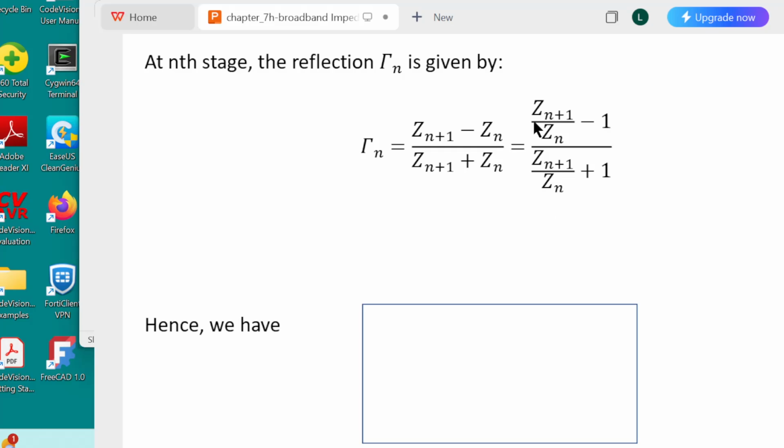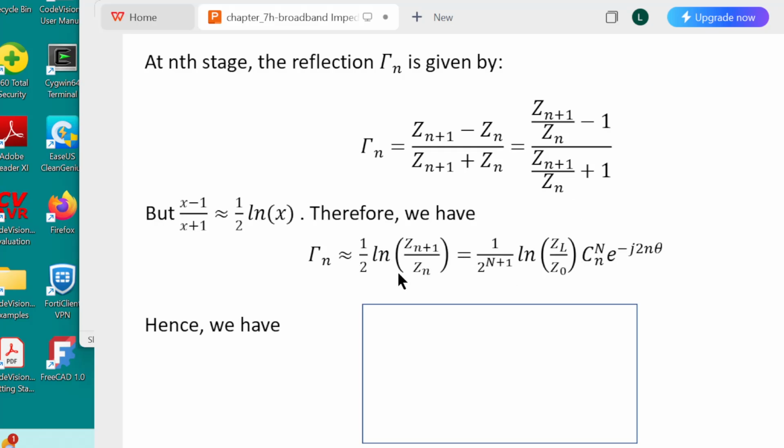So gamma n is equal to the next impedance minus the present impedance, divided by the impedance of the next stage plus the impedance of this stage. And if you simplify this, you will get this. And of course, you can use the (x minus 1) divided by (x plus 1) approximation using the formula.